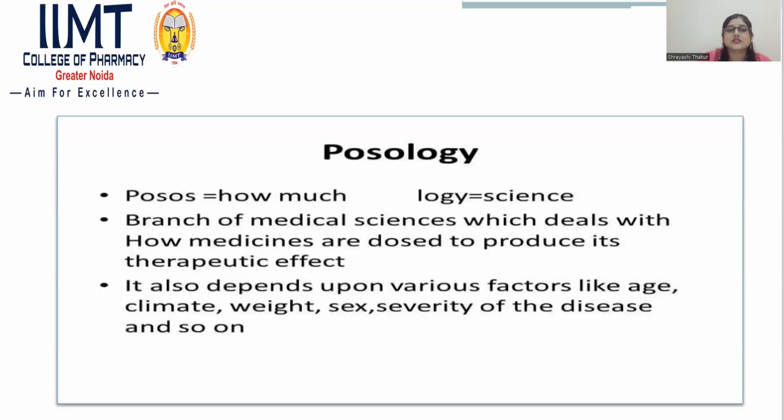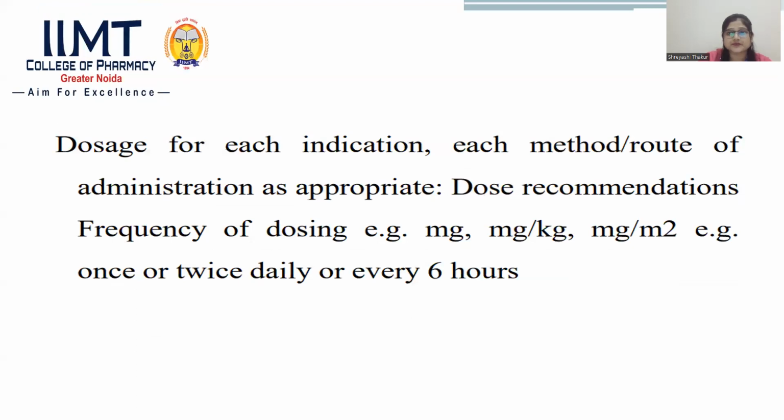The first is posos, meaning how much, and logy means science. So it is a branch of medical science which deals with how medicines are dosed to produce their therapeutic effect, and it also depends upon various factors like age, climate, weight, sex, severity of the disease, and so on.